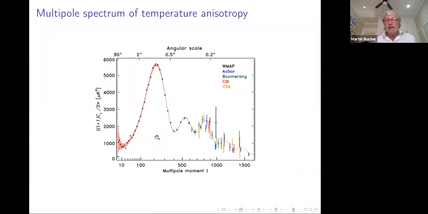And so scale invariant would be just a horizontal line, but you see these oscillations. And these oscillations are exactly that the baryons and the photons are springy, and they all start with a certain phase.